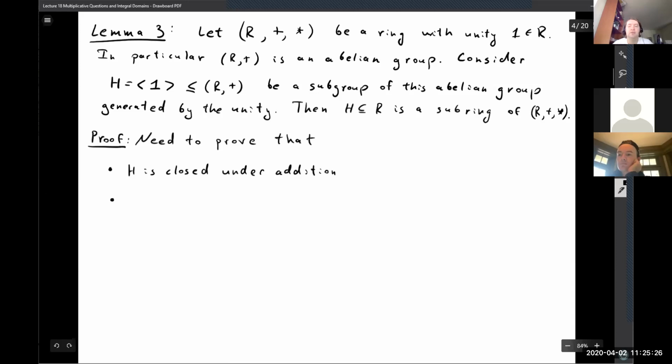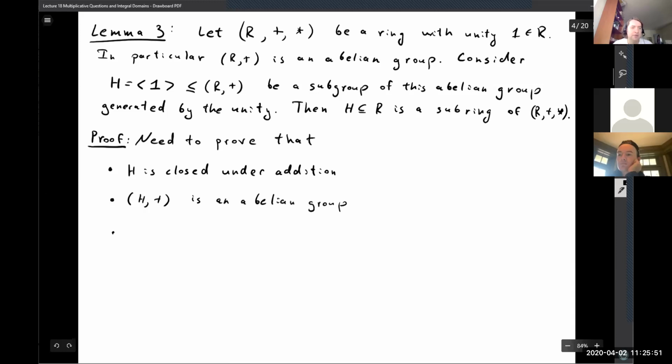So we can talk in the first place about the binary operation plus on H. And once we can talk about the binary operation plus, we need to prove that H with plus is an abelian group.